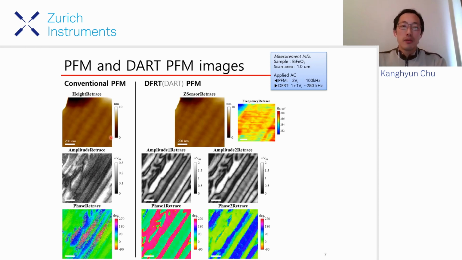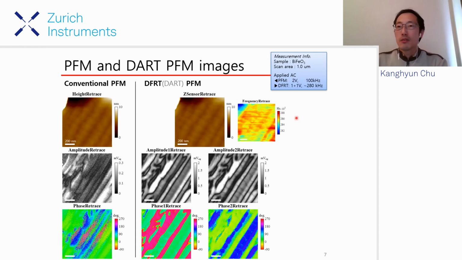But at the same region, same area, when we jump into the resonance tracking technique, we have way better image quality, better signal to noise ratio, and clear boundaries. So that's why we use a resonance technique to get a nice image.